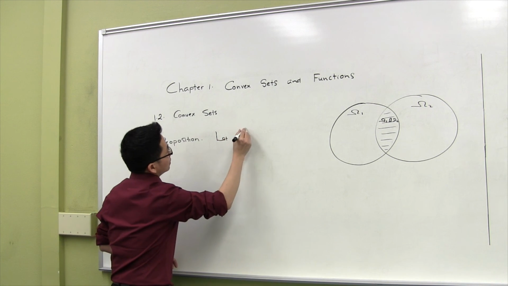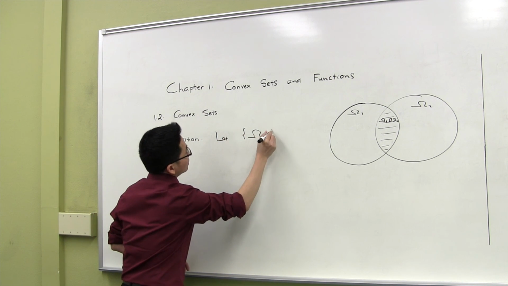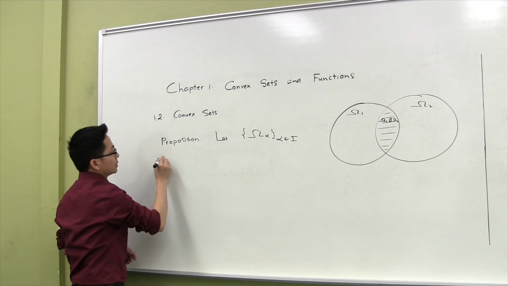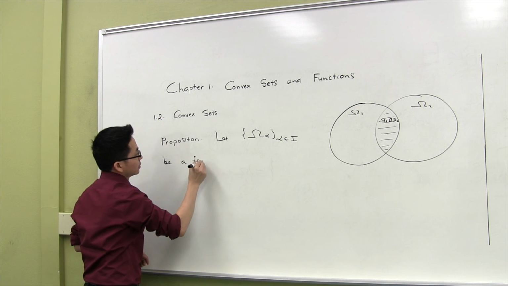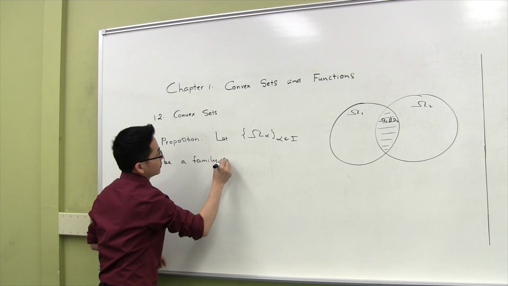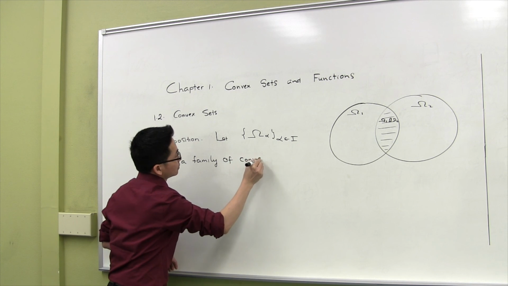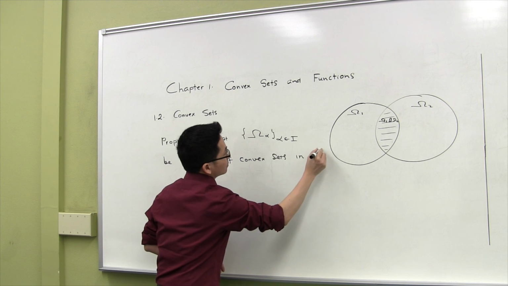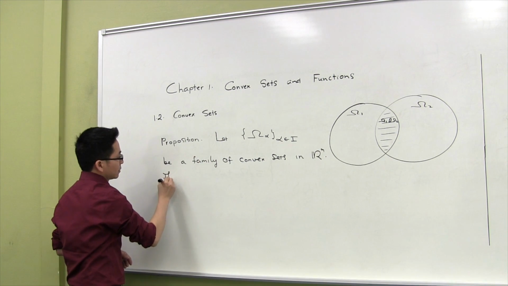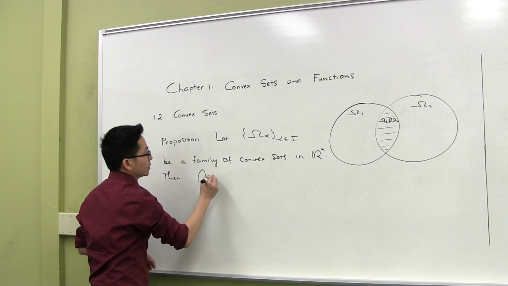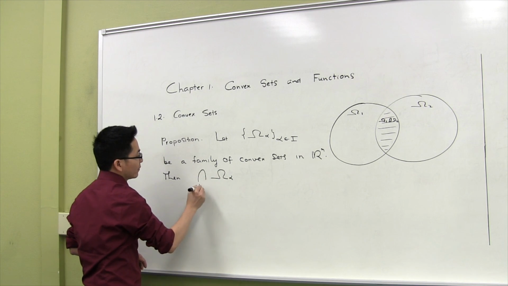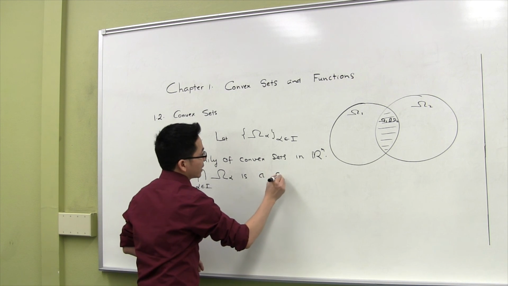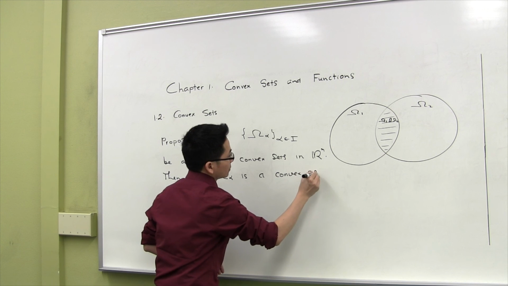Let omega alpha, where alpha runs in I, be a family of convex sets in Rn. Then the intersection of omega alpha, where alpha runs in I, is a convex set in Rn.